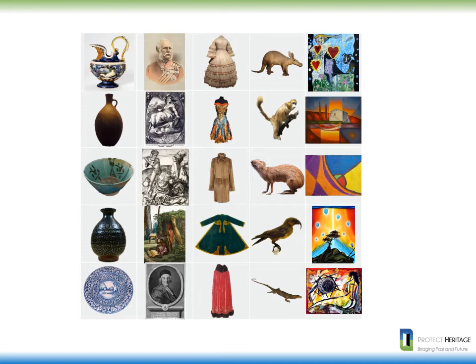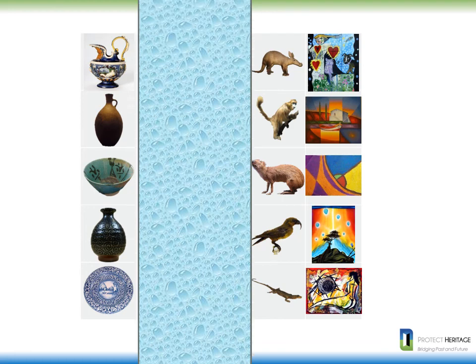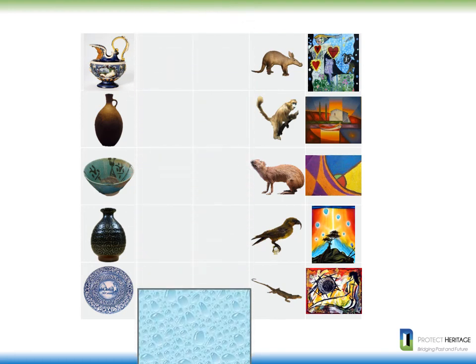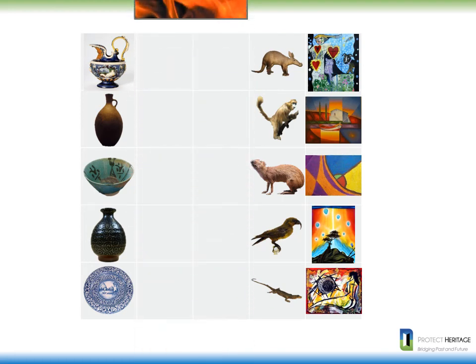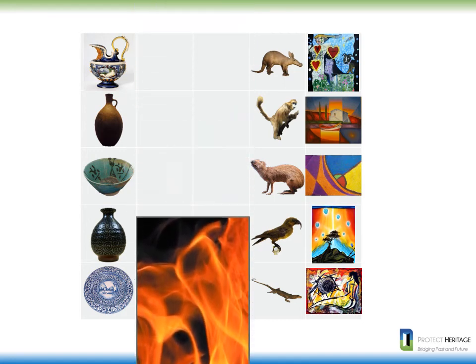Let's look at how extreme our errors might be if we incorrectly apply that assumption. Here, let us consider that the 10 objects we expect to be destroyed by flood happen to be the same as the 10 objects we expect to be destroyed by fire. Perhaps those 10 objects are stored in a poorer part of the building or in an outbuilding.